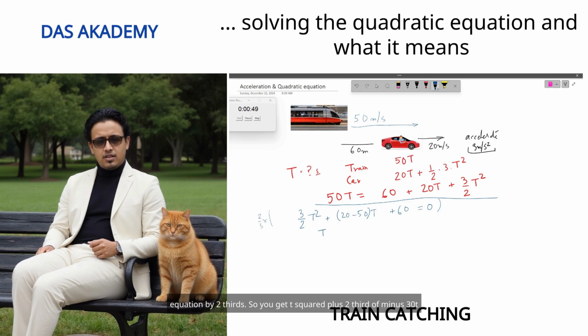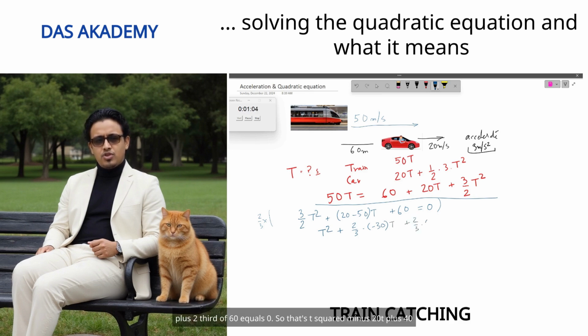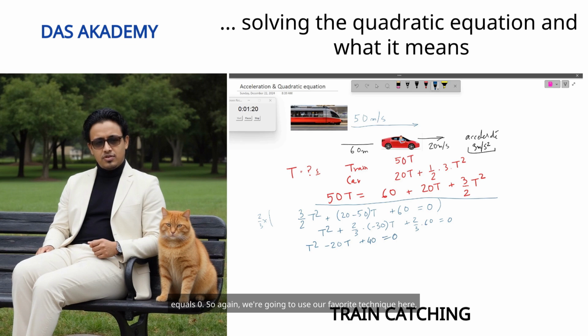So you get t squared plus 2/3 of minus 30t plus 2/3 of 60 equals 0. So that's t squared minus 20t plus 40 equals 0. Again, we're going to use our favorite technique here, complete the square.